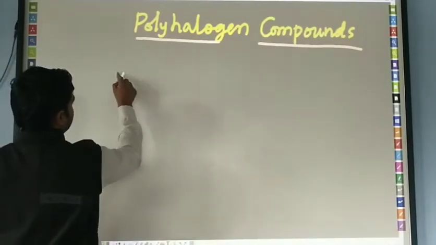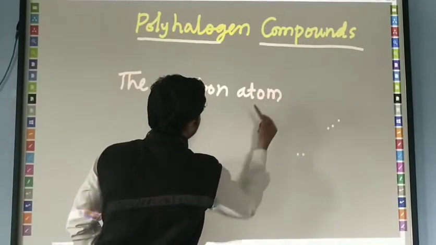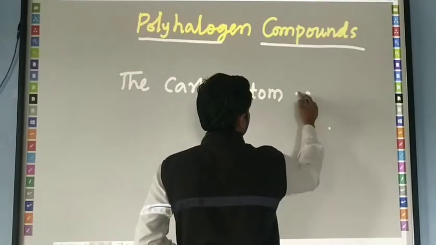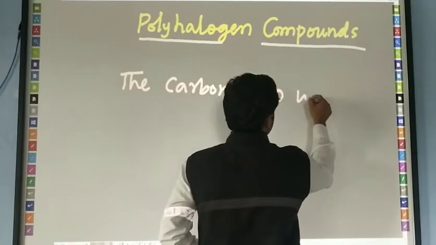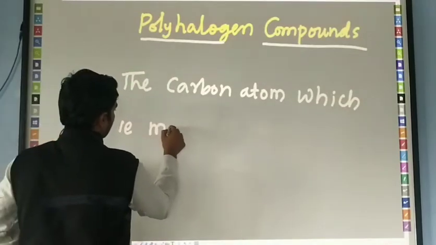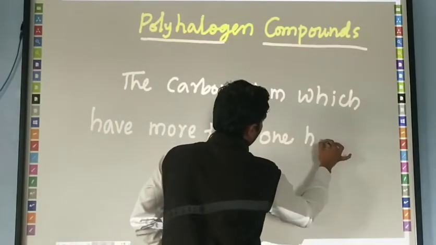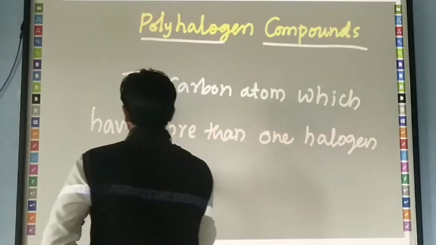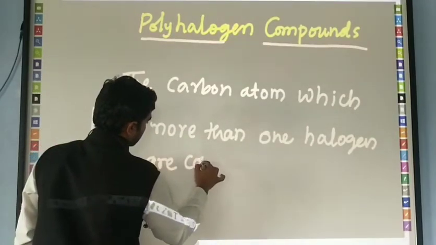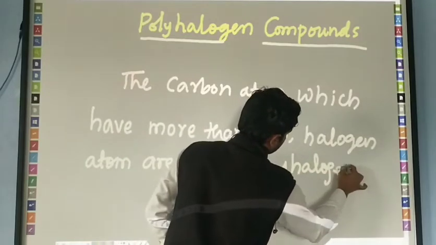The carbon atom which has more than one halogen atom is called polyhalogen compounds.